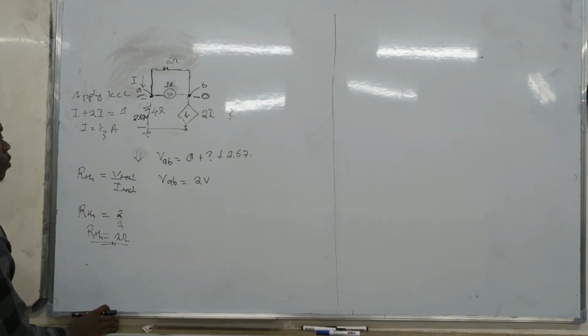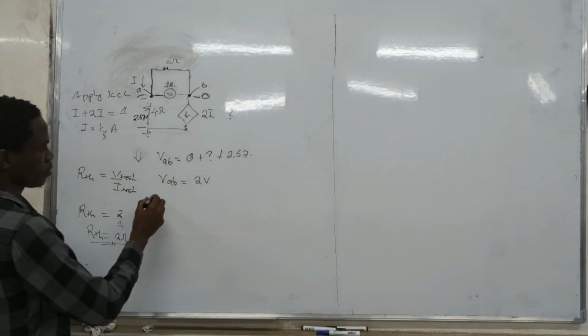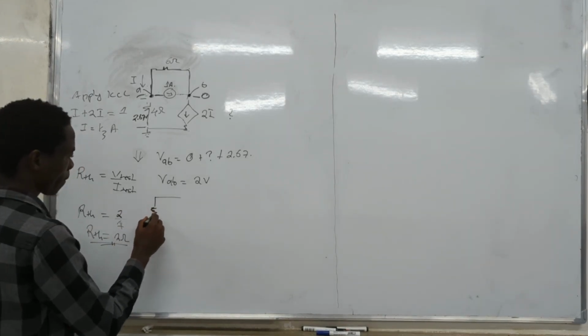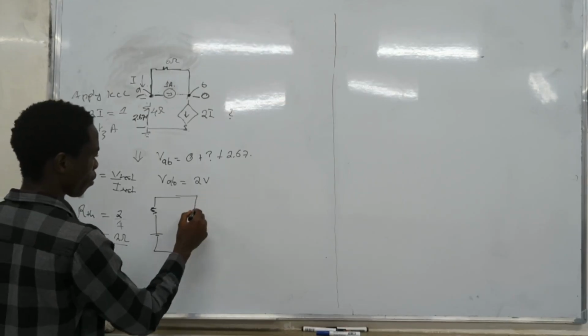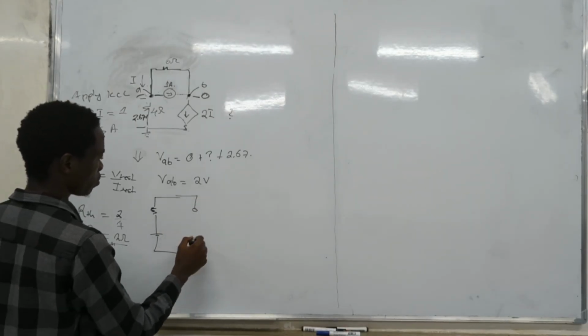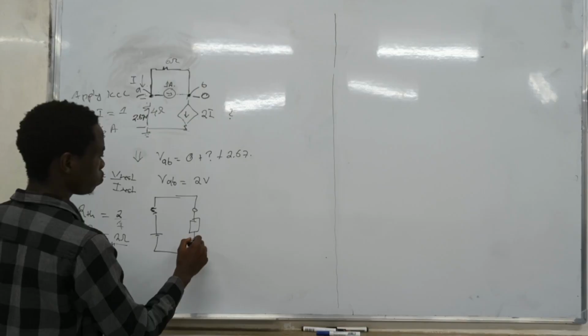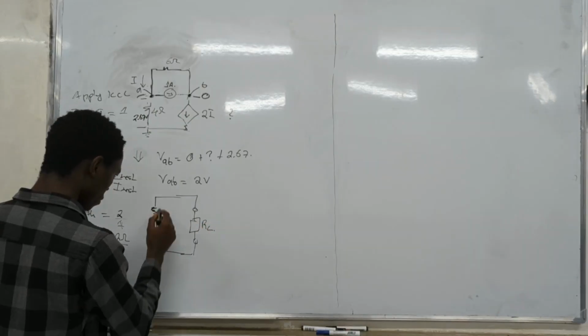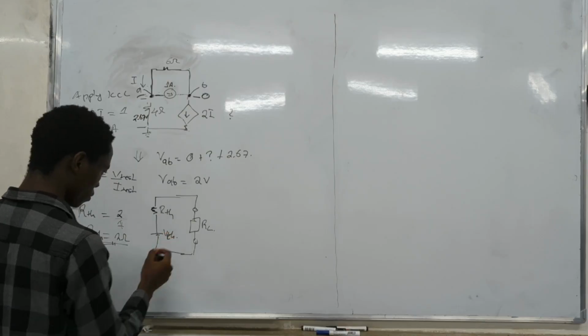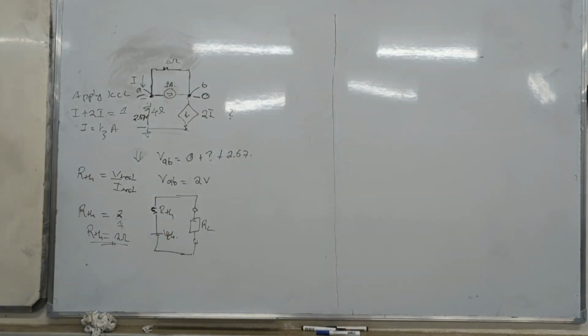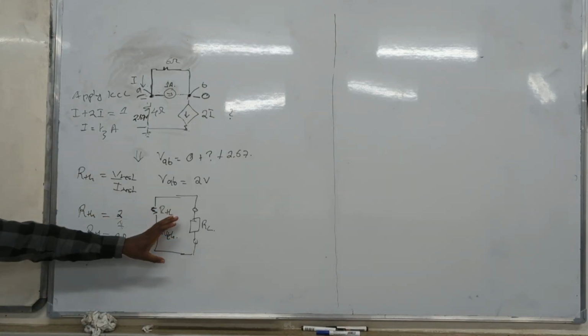Okay. So to get the maximum power, we have to apply the maximum power transfer theorem. And it says, when you do your Thevenin, this is the simplified circuit that you get.